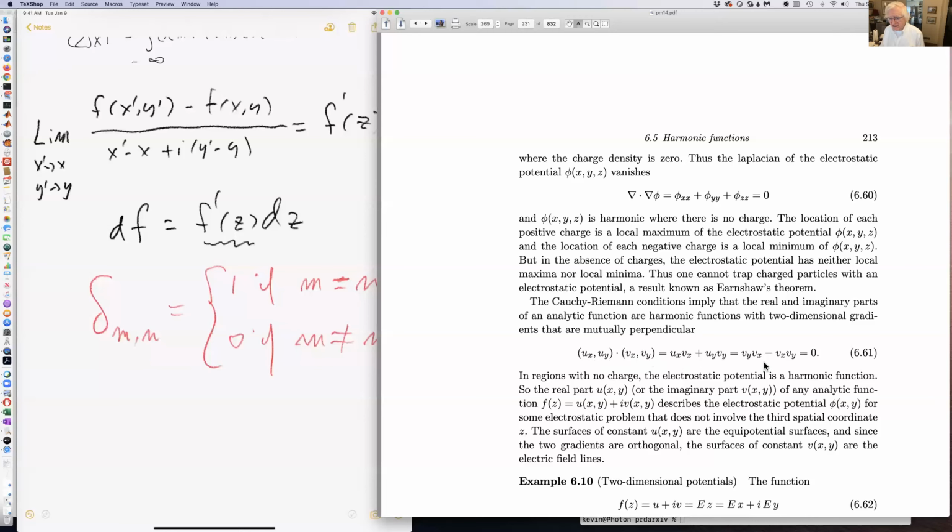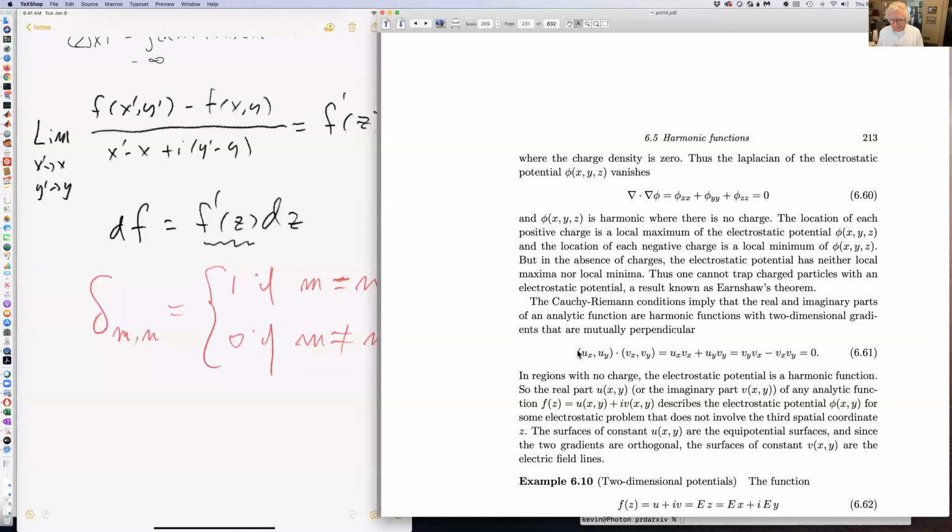But on the other hand, you can write u_x as v_y and u_y as minus v_x, and so the sum of the two vanishes. So the gradient of the real part is perpendicular to the gradient of the imaginary part of an analytic function.